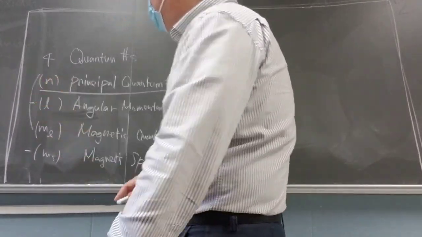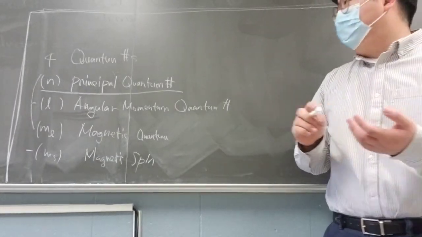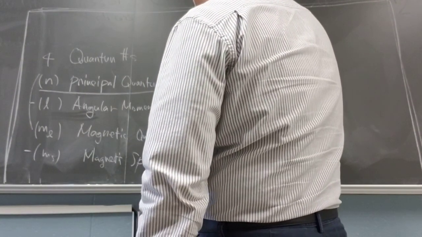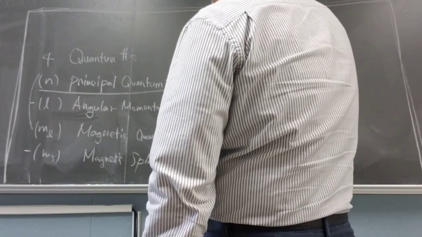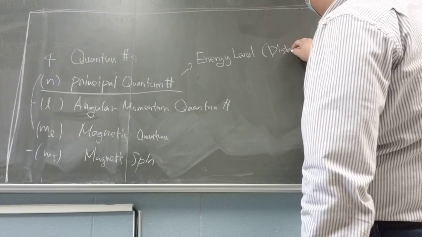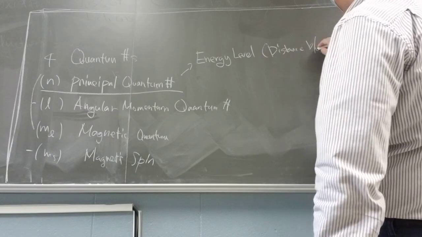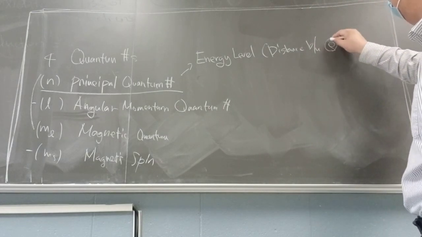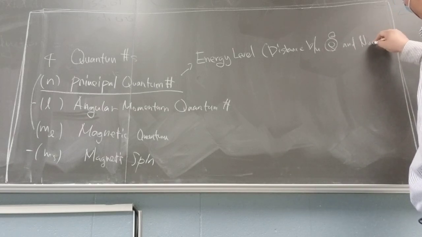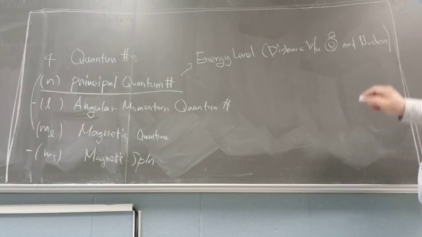Okay. So this n is the principal quantum number. It actually indicates the energy level, or you can say the distance between your electrons and the nucleus.